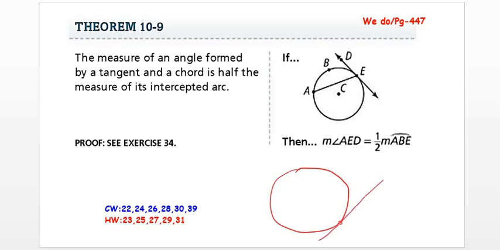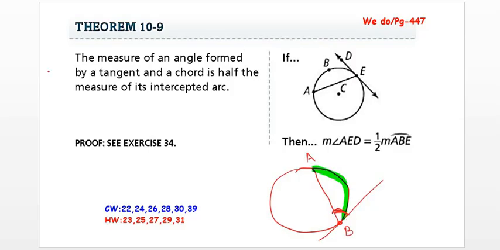Now this point is called the point of tangency, and we have a chord at this point of tangency. Let's name it AB. Now what is the relationship? We have this arc and then we have this angle. What is the relationship between these two? This angle will always be half of this intercepted arc.